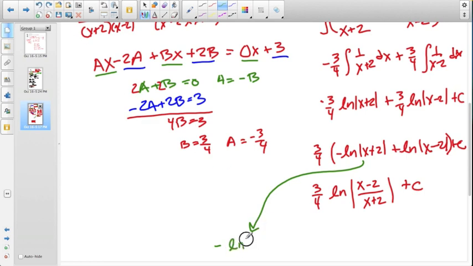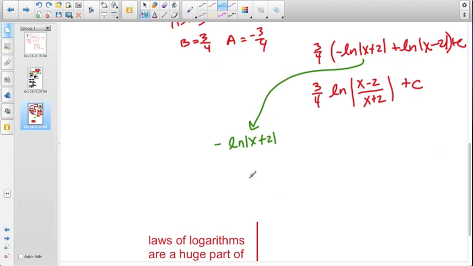minus ln absolute value of x plus 2, the coefficient in front of this expression is really a power. And so this is really ln of x plus 2, and again that's supposed to be an absolute value, to the minus 1 power. And we know negative powers means put the expression in the denominator.